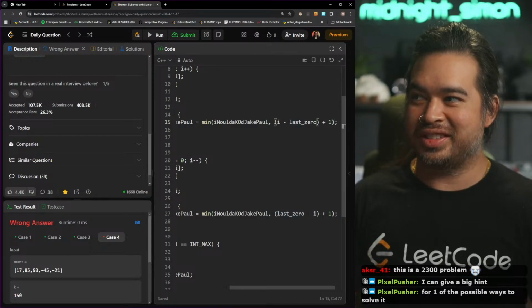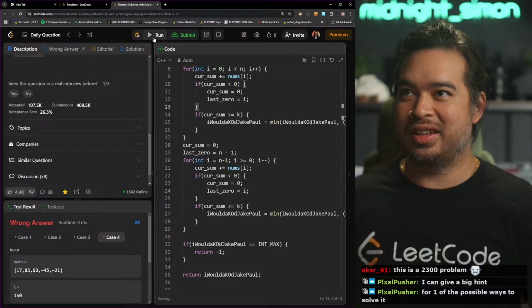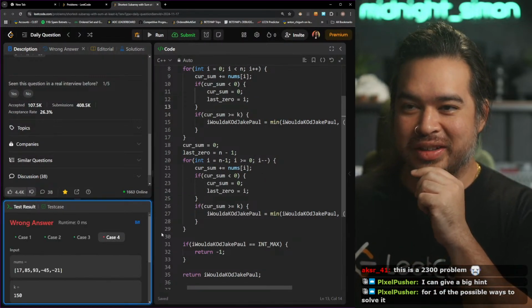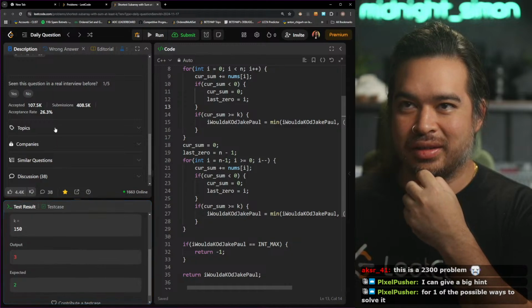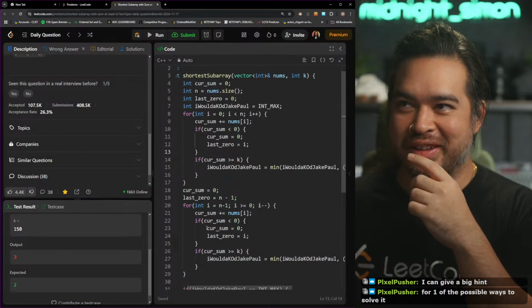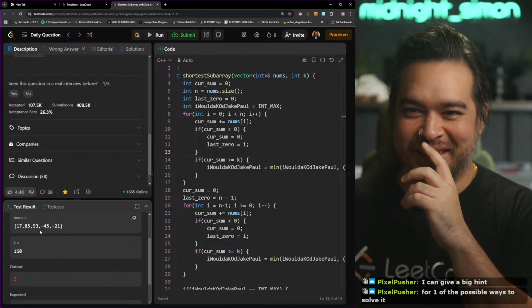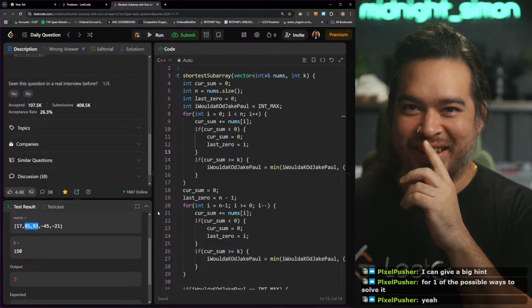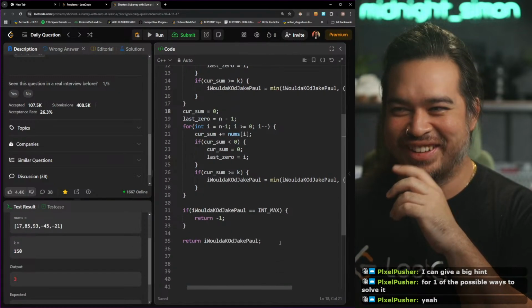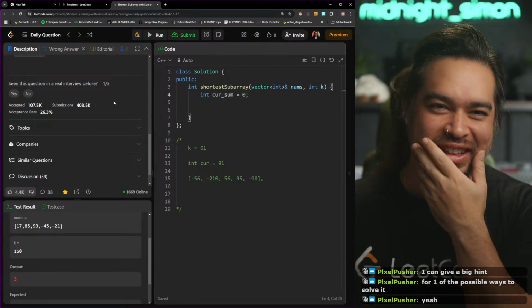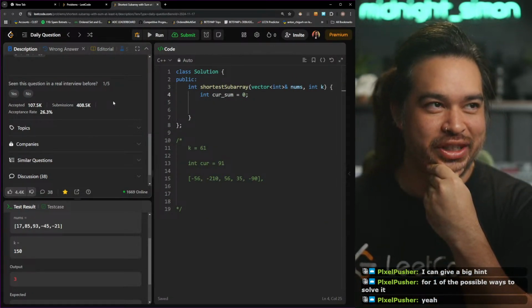Alright, how about this, Pixel Pusher? Am I way off track? Tell me if I should just delete everything and think fresh. Yeah, alright, I should delete everything and think fresh. Alright, that's all I need to know, man. Jeez.